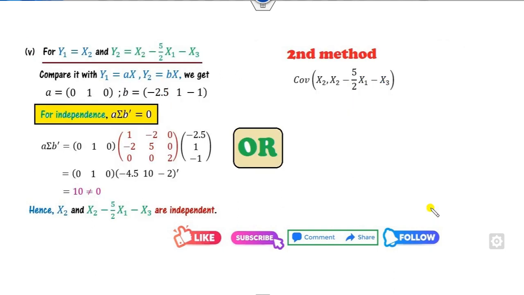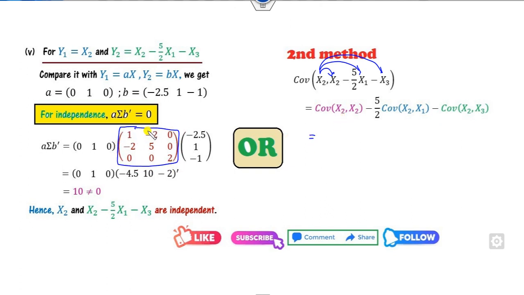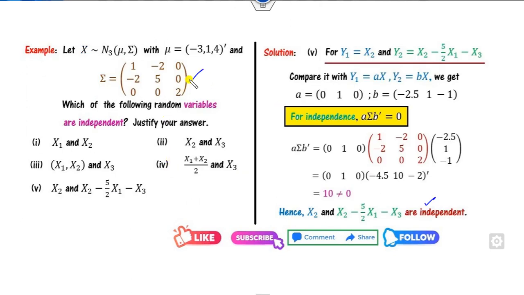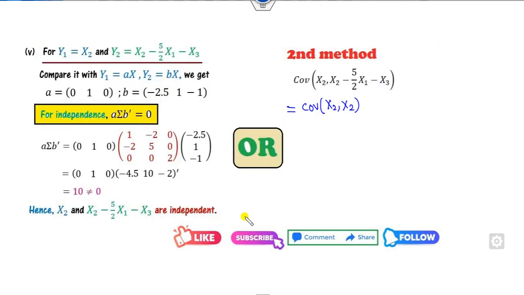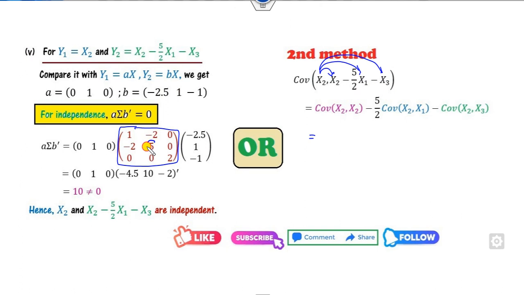Second method you can apply with the help of the covariance. I can open this covariance of x2 comma x2. If you open them you will get x2 and x2, x2 and x1, and x2 and x3. This is my sigma. In the given statement you can see this is my sigma. Now can you find the value of x2 and x2? This is the variance 5.